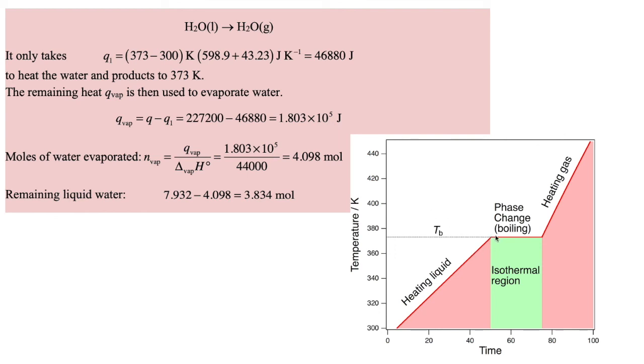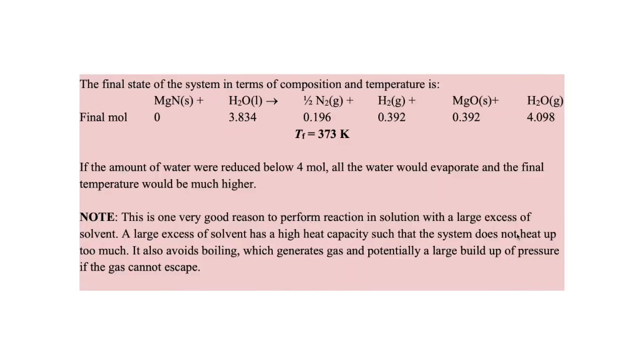We didn't boil off all the water, so you know that the system will then have a final temperature that will be equal to the boiling point of water. Some of the water was boiled off, some of it went into the gas phase. And the final temperature will be equal to the boiling point of water.